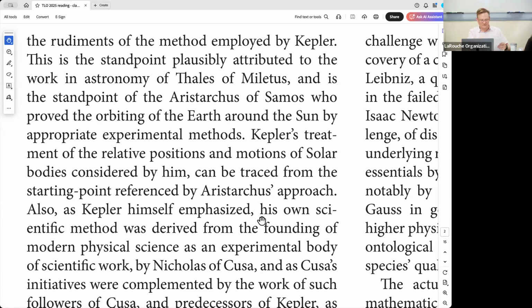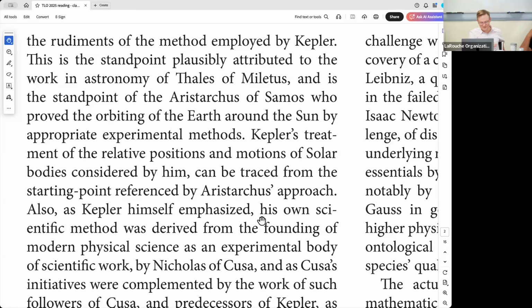This is the standpoint plausibly attributed to the work in astronomy of Thales of Miletus, and is the standpoint of Aristarchus of Samos, who proved the orbiting of the Earth around the Sun by appropriate experimental methods. Kepler's treatment of the relative positions and motions of solar bodies considered by him can be traced from the starting point referenced by Aristarchus's approach.